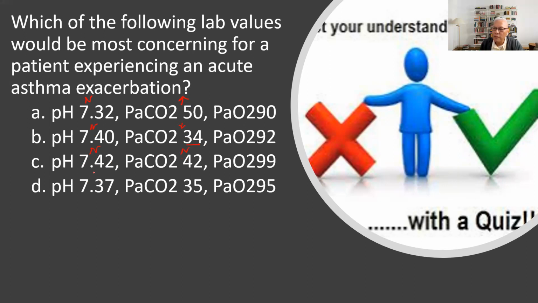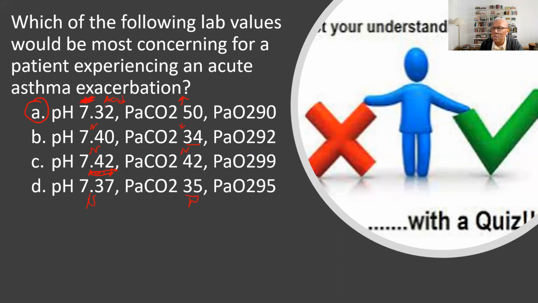The pH of 7.37 is acid, right? No, normal. And the CO2 of 35 is normal. This is where we committed a mistake. This is acid, right? Okay, so this would be the most problematic.